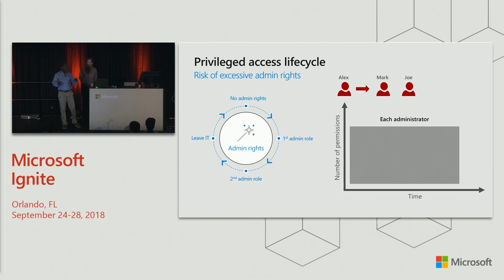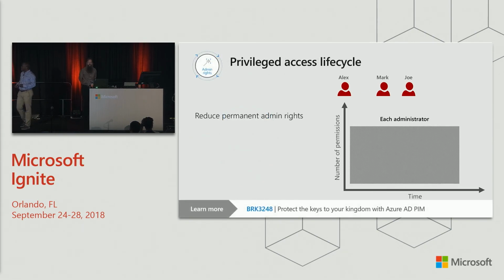But do you really want admins to have that power or that risk to your organization? So in Azure Active Directory, the big thing that we believe is that you need to remove permanent standing admins. You should not have permanent standing admins. And we enable that capability through Azure AD Privileged Identity Management.